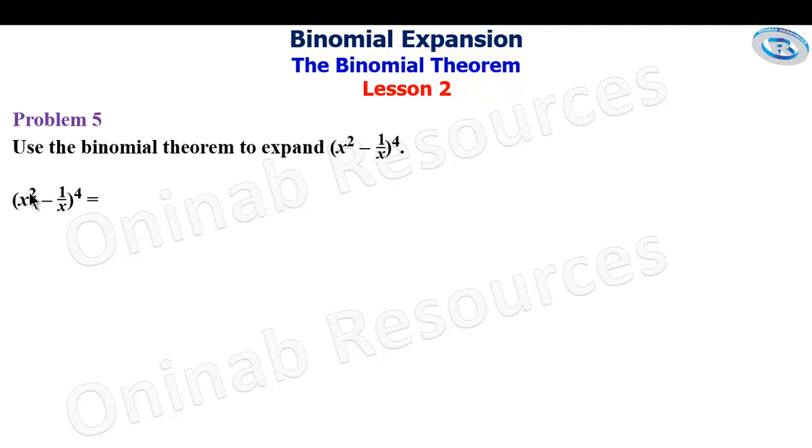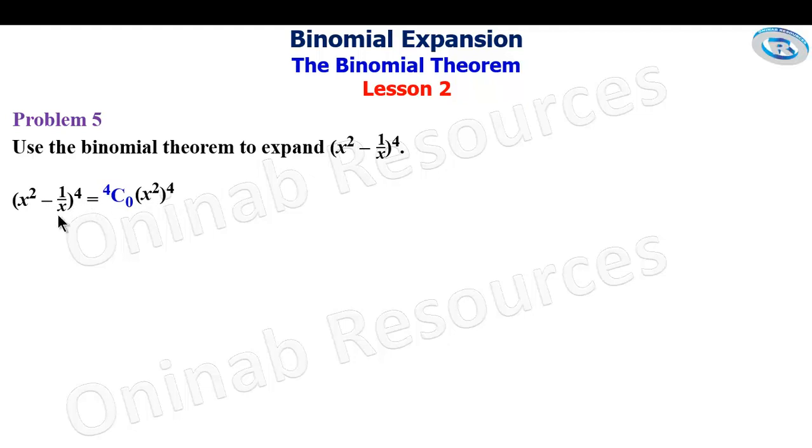Remember, the first term here is x squared. The second term will be taken as negative 1 over x because the connector there is negative. So we have the first term to be 4 combination 0 and x squared to the power of 4. The first term in the bracket to the power of 4.